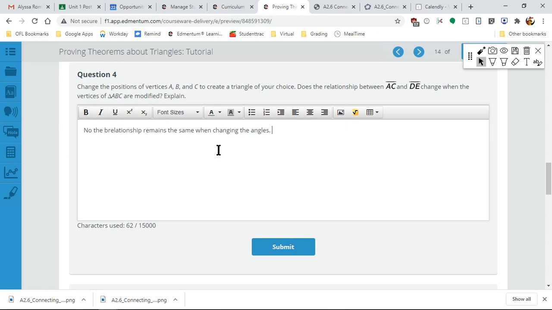And one thing you might write down, like I did: when I moved point B, the sizes didn't change. They only changed when A or C was moved.